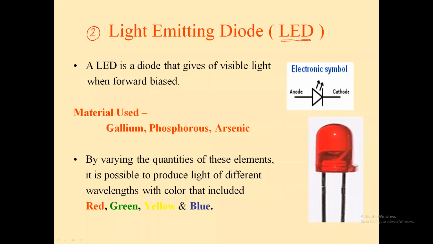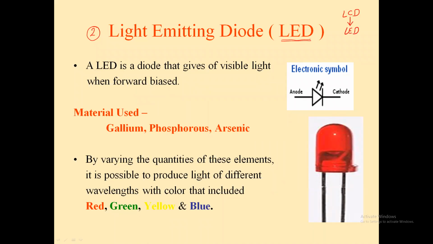Get my point? You can observe that for domestic purposes, decoration purposes, and industry purposes, everywhere you can see the LED. If I am not wrong, LCD is now going off, and the new technology comes with LED.